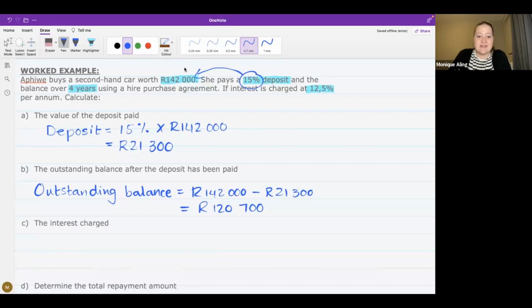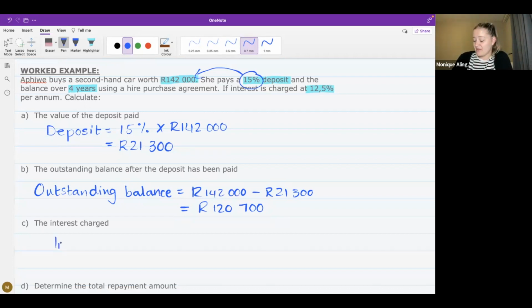Well done. Okay, the next thing we have to calculate is the interest charged. Now remember, we're only going to be paying interest on what we still need to pay, not the 142,000. It's been decreased, so we're paying interest on the 120,700 Rand. So to work out interest, it's simple interest, so it's nice and easy.